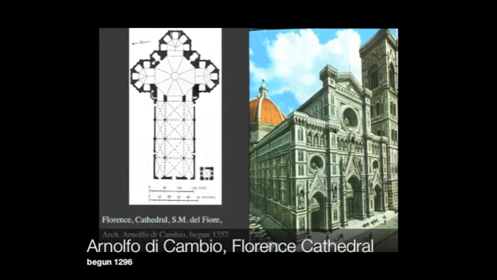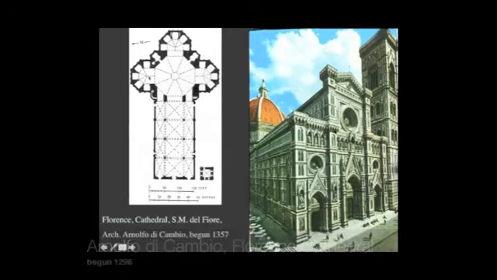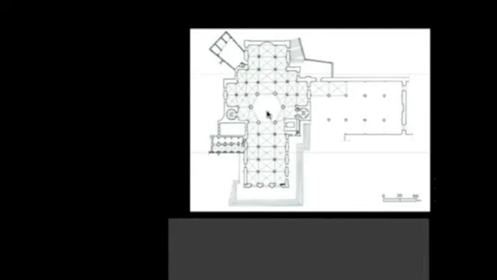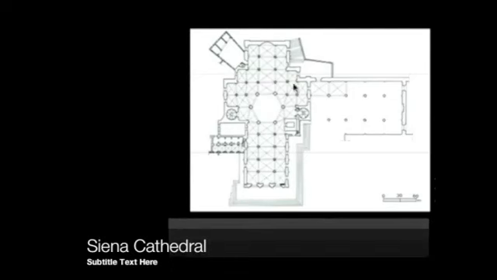And so because he was such a good architect, he had very ambitious ideas about what he would do in the Florence Cathedral. For example, if you look at the plan, you see something that is quite extraordinary based on everything we've seen so far, and that is a giant dome. If you look at the Siena Cathedral, you will see that there's a pretty giant dome going on in here.